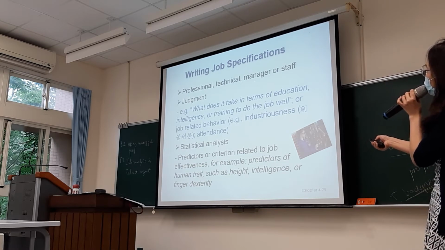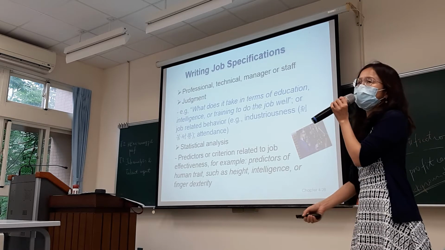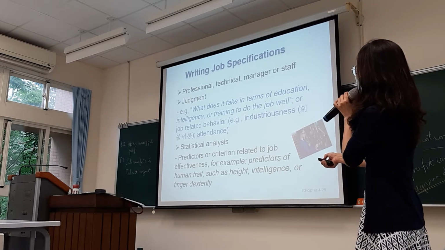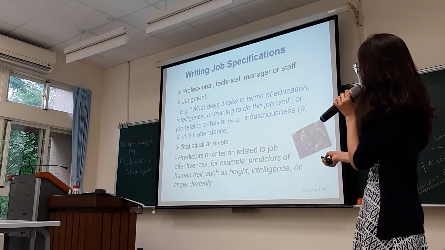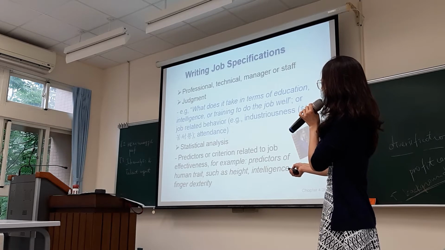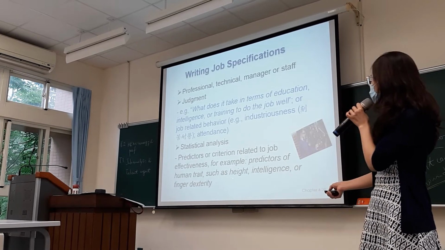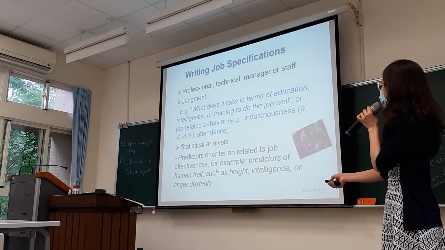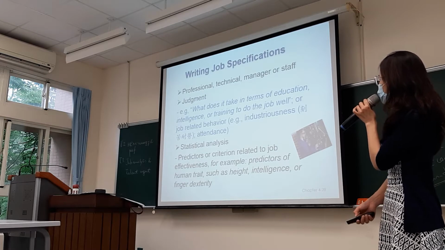Professional, technical, and also manager or staff, of course, their job specification will be different. For example, you need someone who is more industrialist, and their attendance, sort of. And they also have some criteria related to some particular job position.